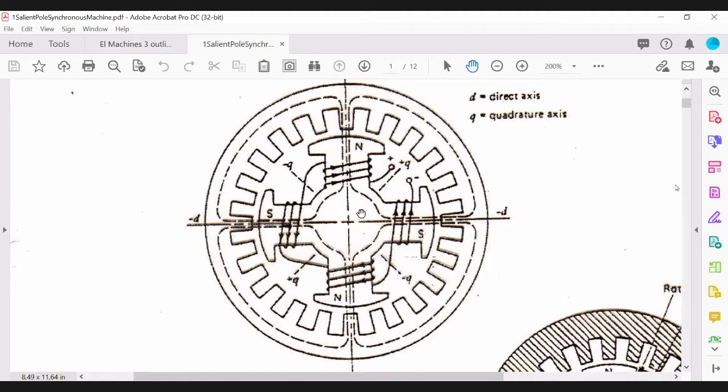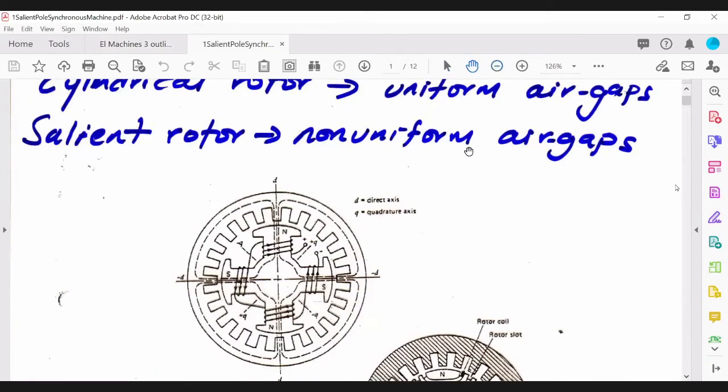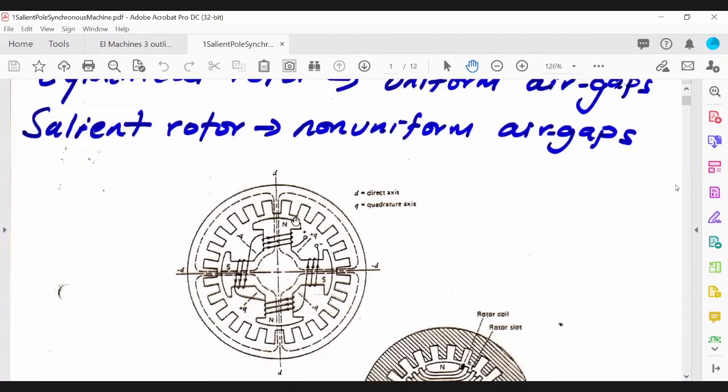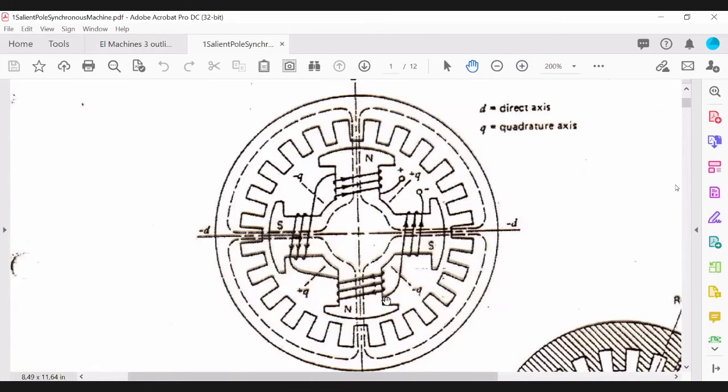So obviously the salient pole machine has what we call non-uniform air gaps, right? Because of the interpole region.